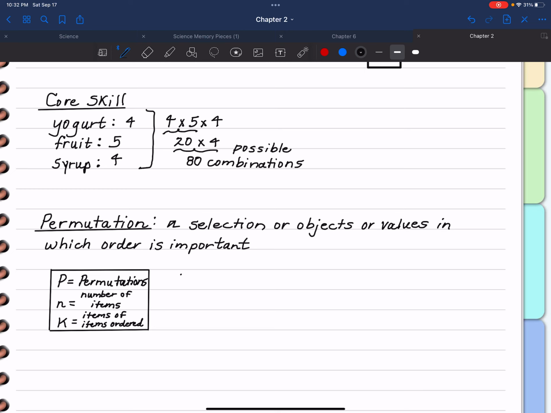So here's the formula, and it's scary looking, but don't be alarmed. It's okay. P of N, K equals N factorial over N minus K in parentheses factorial.